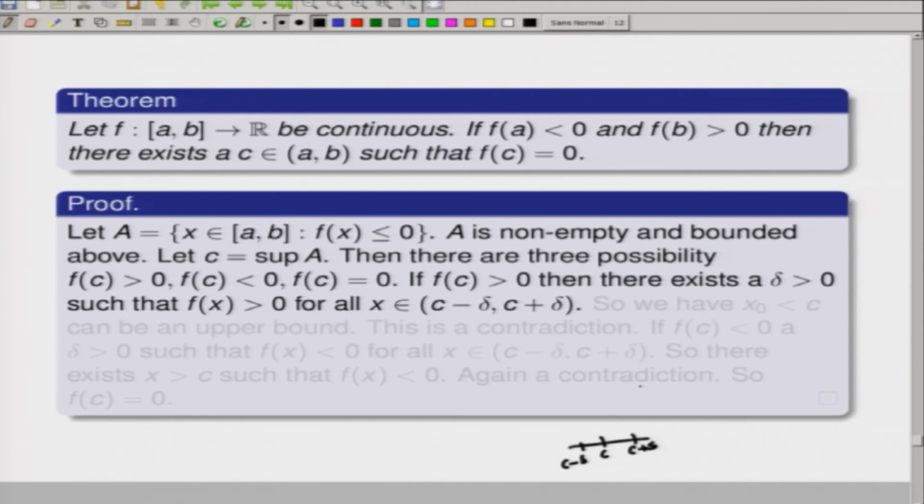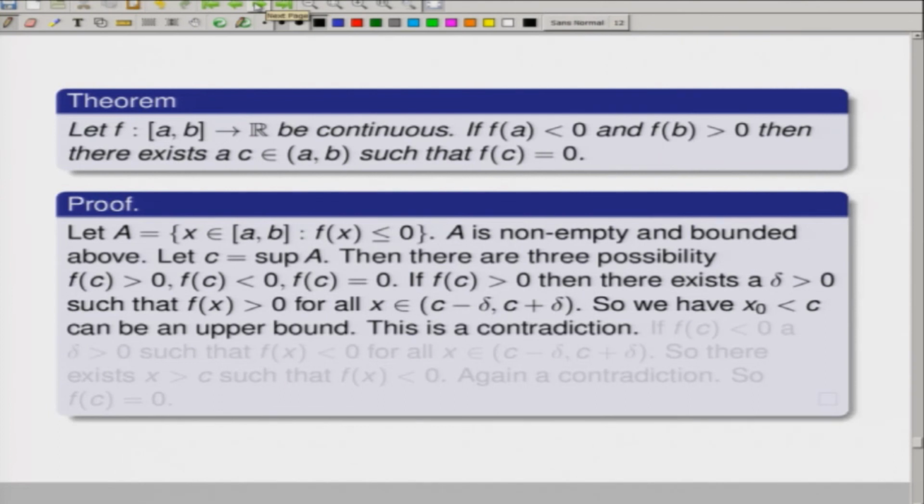Now, c is the least upper bound, so nothing below c can be an upper bound for that, and this is going to contradict this.